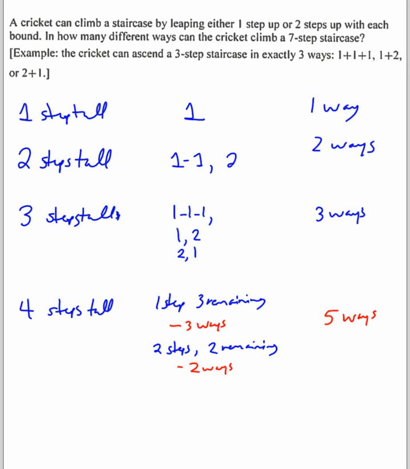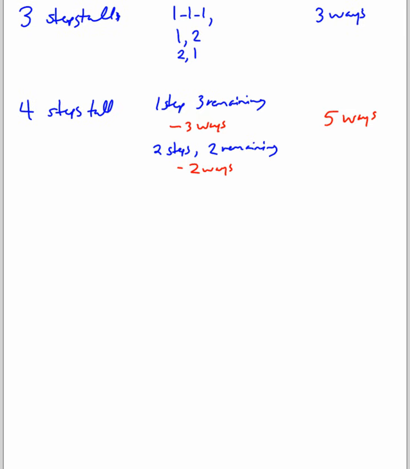So let's go through 5 steps. And we're going to do 5 steps in the same way. So if I go 5 steps, if that's how big the staircase was, I could first take 1 step, and then there are 4 remaining.